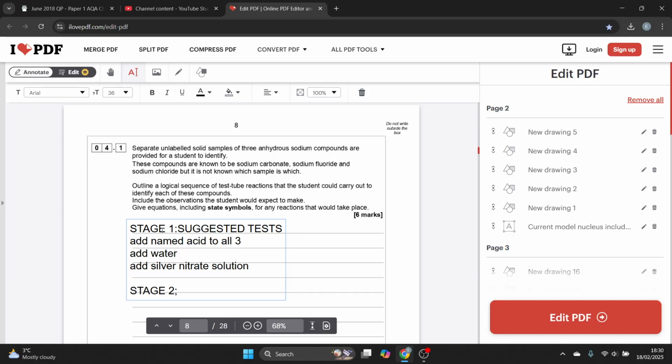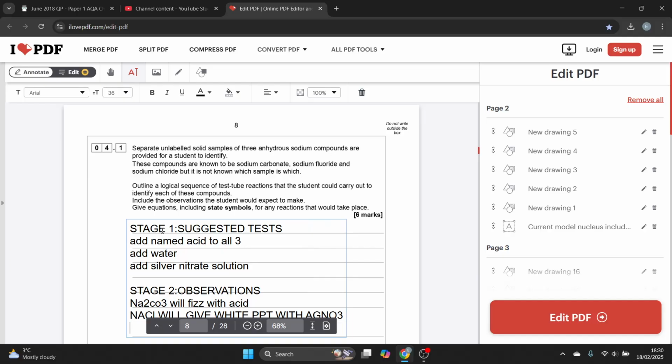Now the observations, which it obviously wants to identify the compounds. Well, sodium carbonate will fizz with acid. Sodium chloride will give a white precipitate with silver nitrate.